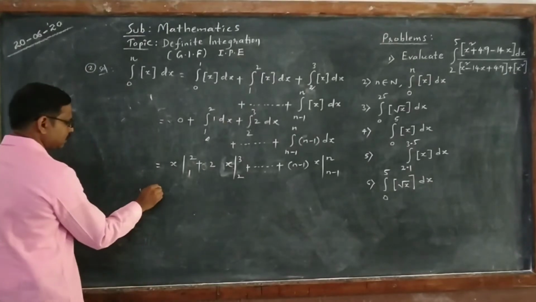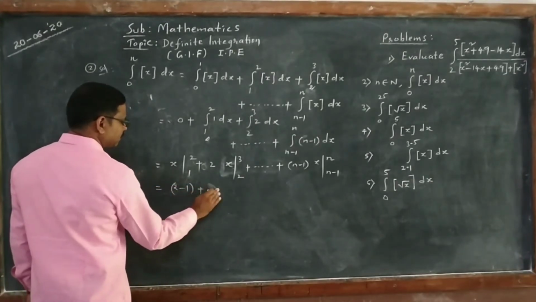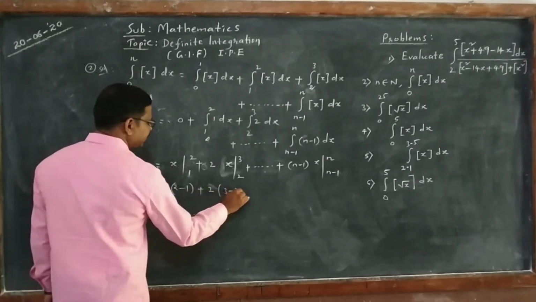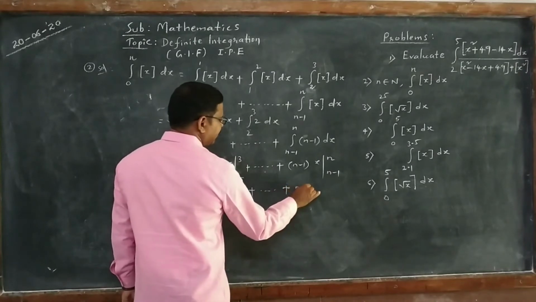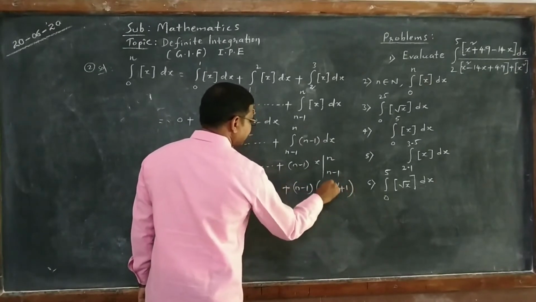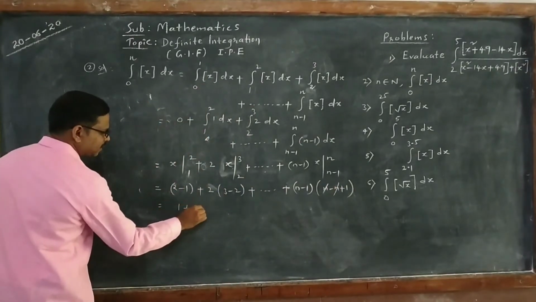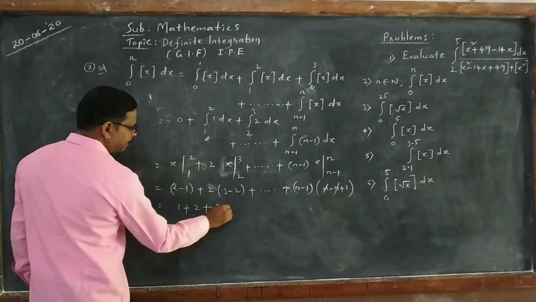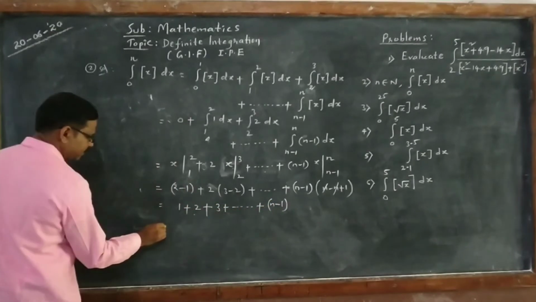Now put values: 2 minus 1, plus 2 into (3 minus 2), and so on, plus (n minus 1) into (n minus n plus 1). So what is remaining? 1 plus 2 plus 3 plus so on, plus n minus 1.